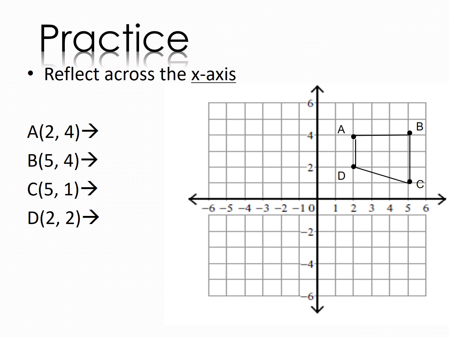So, okay, welcome back. We're going to go ahead and do this. D is over at +2, 2, so it's going to be at +2, -2. That's D prime. A is over at +2, 4, so at +2, -4, we're going to have A prime. B is at +5, 4, so we're going to come over to +5 and go down to -4.